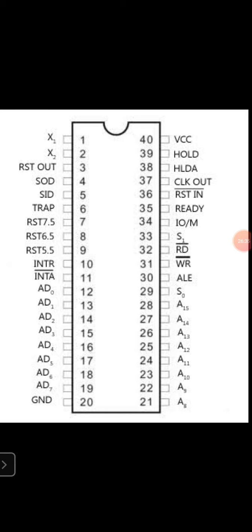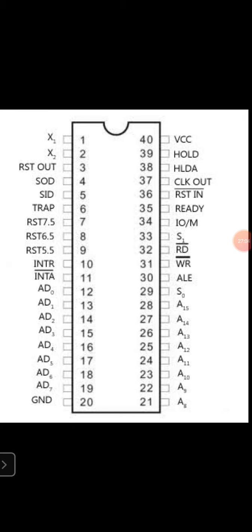It is generated every time, and it indicates that bits AD0 to AD7 are the address bits. This signal is used primarily to latch, meaning set or reset, the lower order addresses from the address data bus. The total address lines are 16 lines.